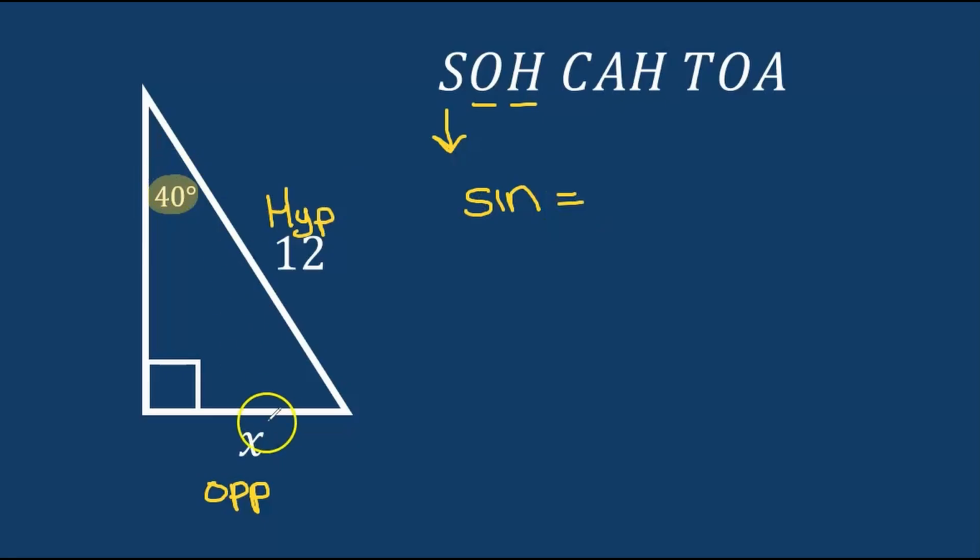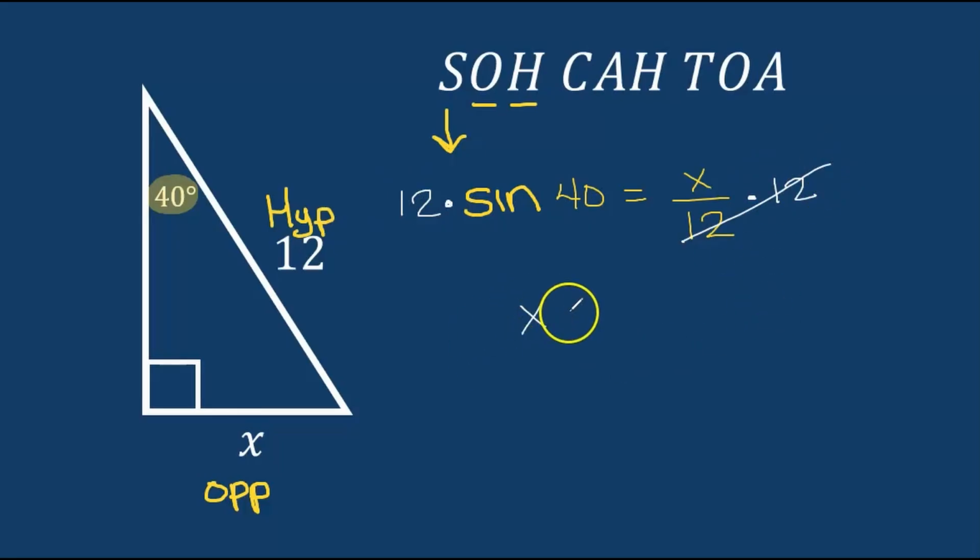Since sine is opposite over hypotenuse, I am going to use the sine of 40 is equal to x over 12. Just like the last example, in order to solve this, I simply need to multiply 12 to the other side.